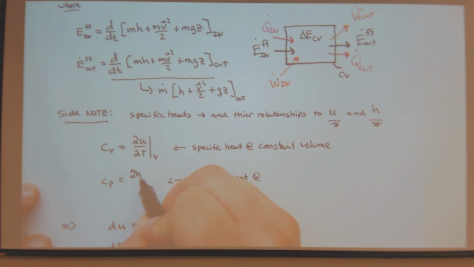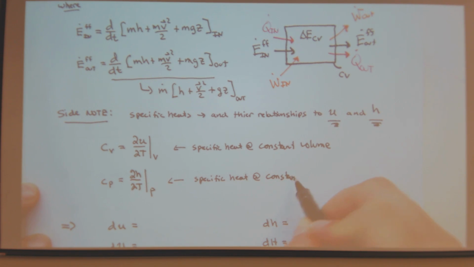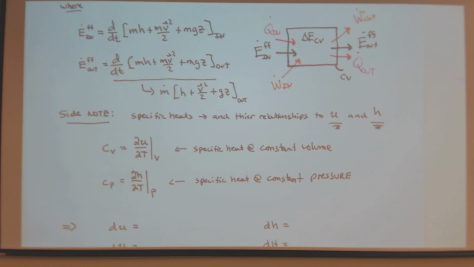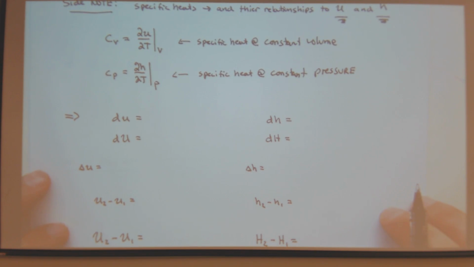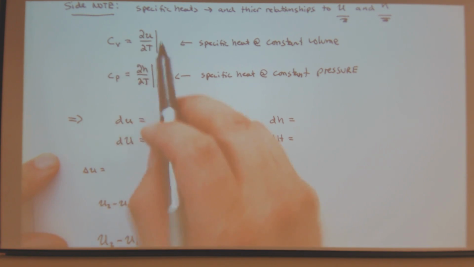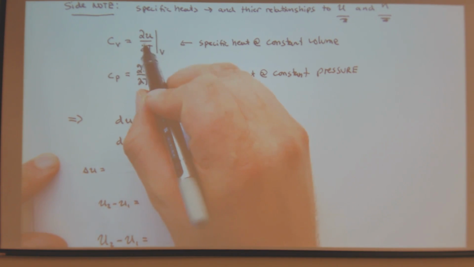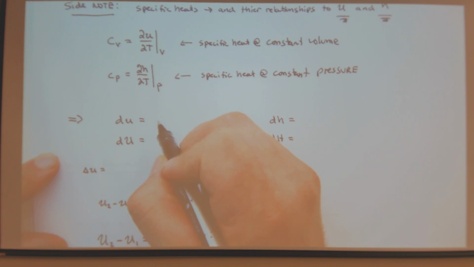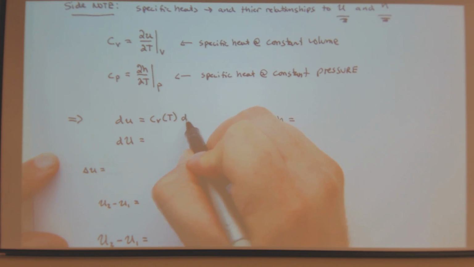This is partial H with respect to temperature at constant pressure. So this is small u. I can rearrange this one. Delta U equals CV at T dT.